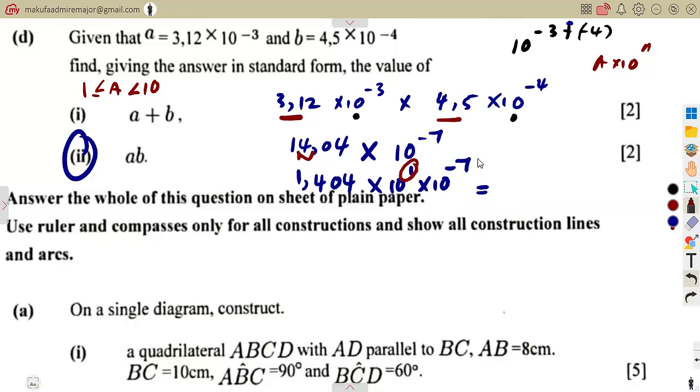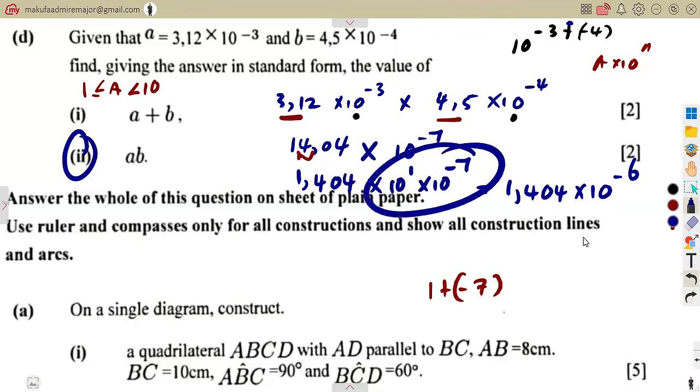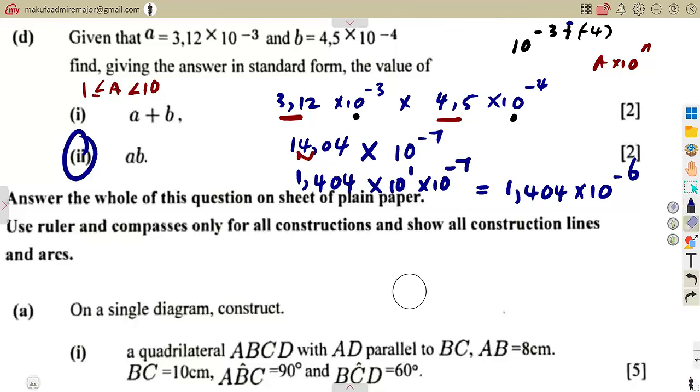So it's going to be 1 plus -7, which simply means 1 minus 7, which is -6. So that was going to be to the exponent of -6 at the end. You consider the bases which are the same, you're multiplying, you add the exponents.